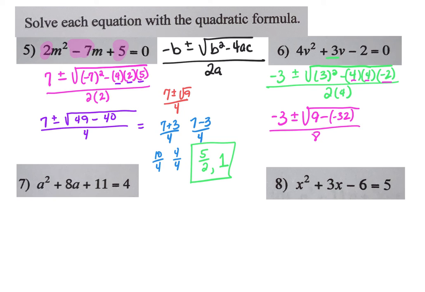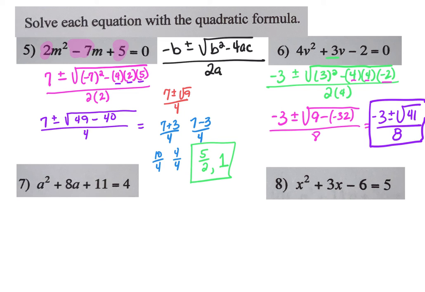All over 8. So I end up with -3 plus or minus 9 minus a -32 is 9 plus 32, which is 41. Does 41 have a perfect root? No, you will leave your answer just like that. That is your answer. -3 plus or minus the square root of 41 over 8.